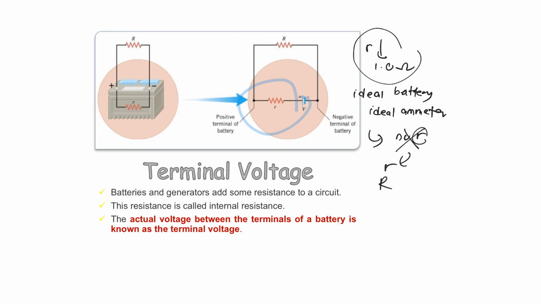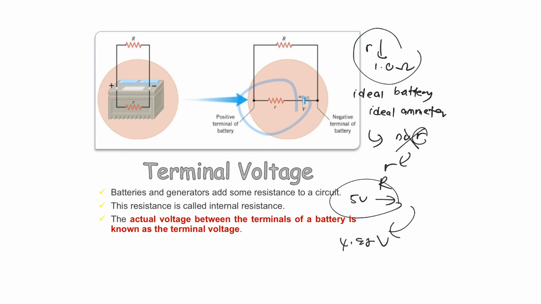For example, when you bought a battery, it's going to be 5 volts. However, if we have an internal resistance in that battery, which most electronic equipment has, the potential difference that you provide to the circuit is not going to be 5 volts, it's going to be less, maybe 4.98 volts.